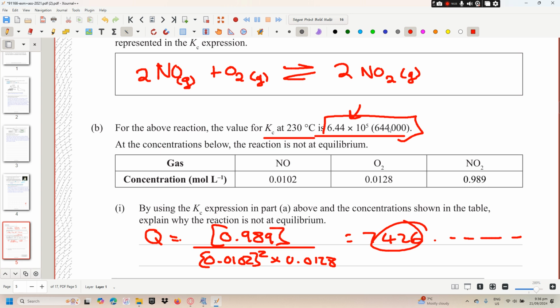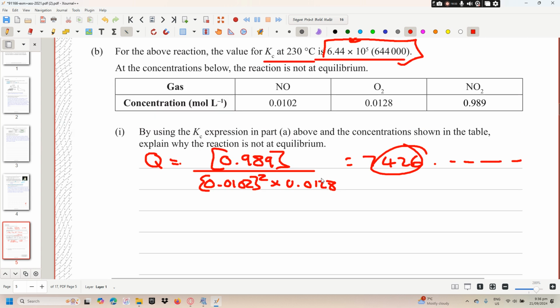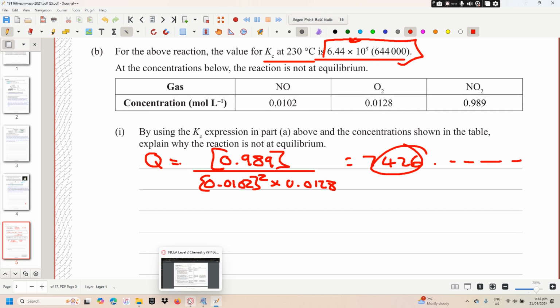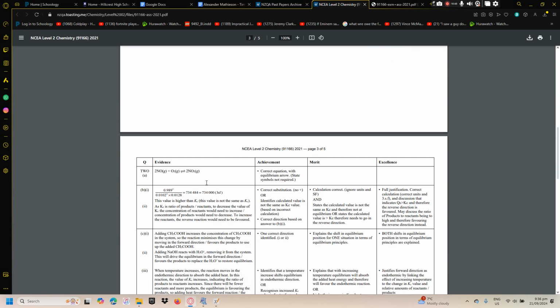Sorry about the hiccups. So the reaction is going to keep going forward until Q equals Kc. You calculate this and then just say Q doesn't equal Kc, and the reaction will continue until it reaches equilibrium. That's about it.